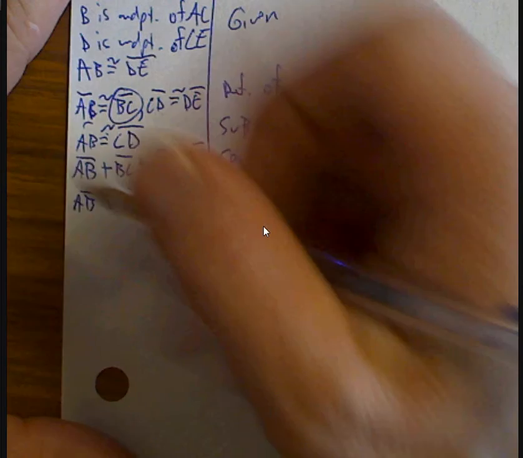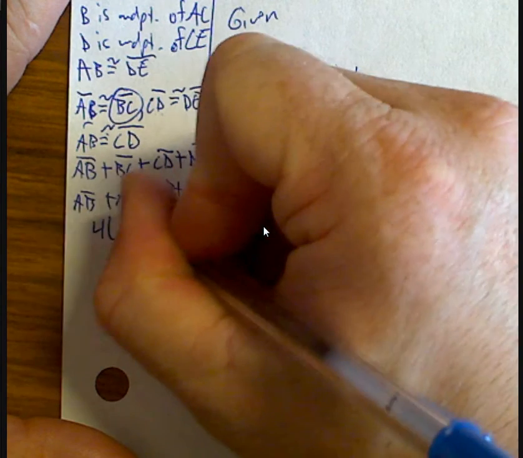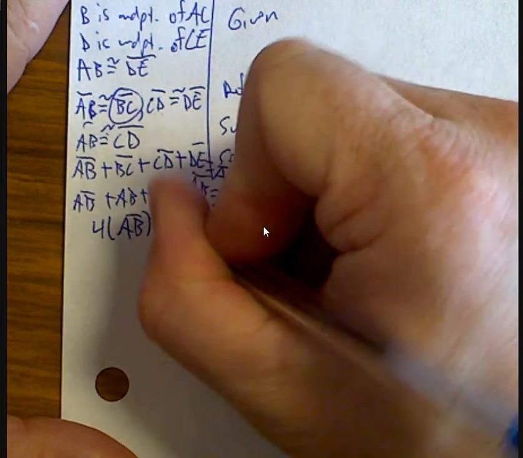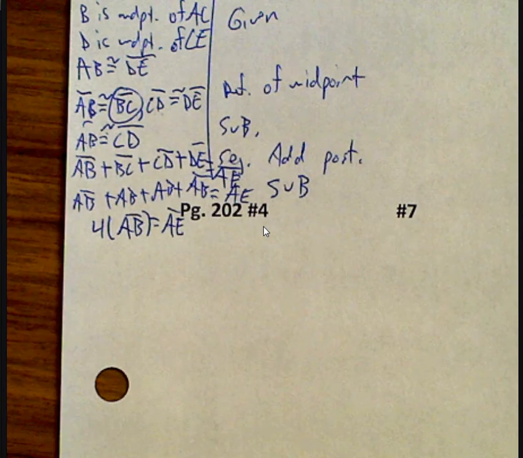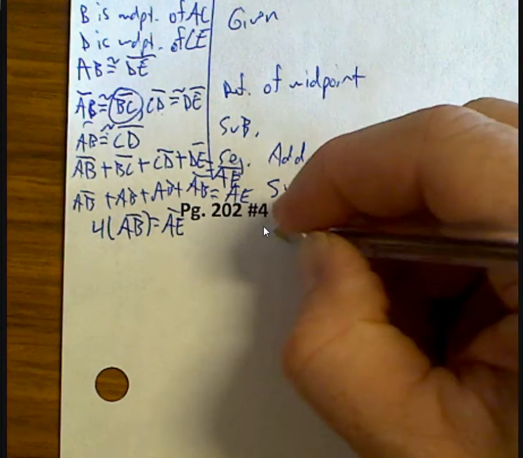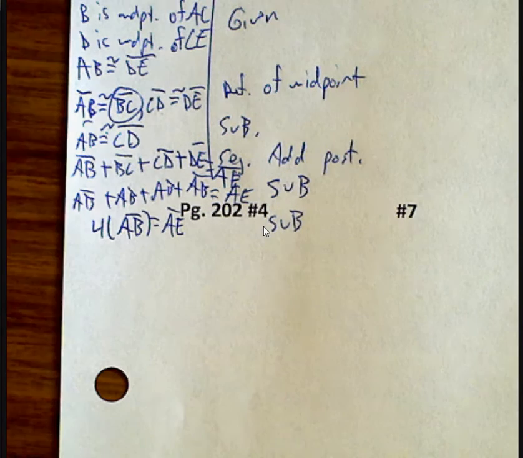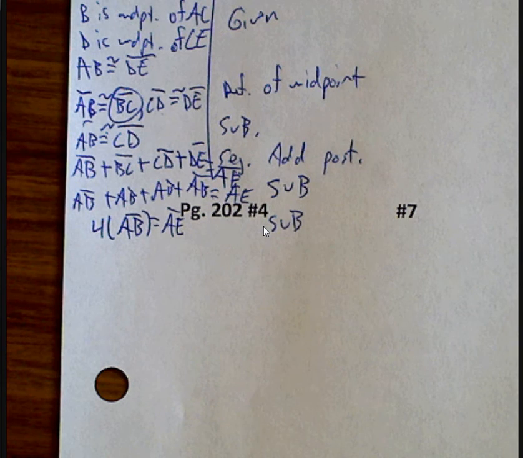1, 2, 3, 4, so I actually have 4AB. And this is equal to AE. And what I did is I substituted that as well. I simplified. So that is the proof.